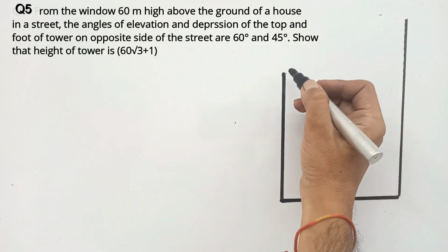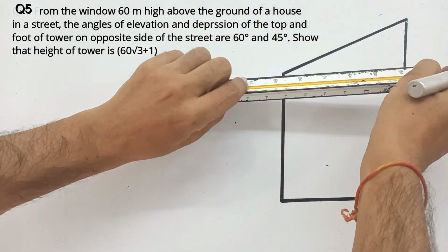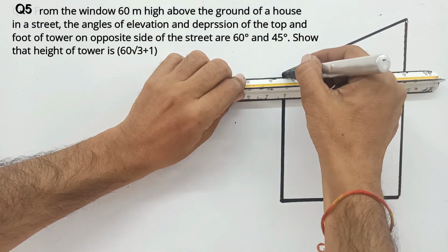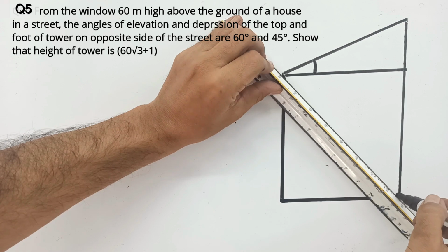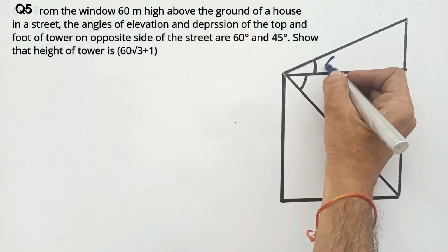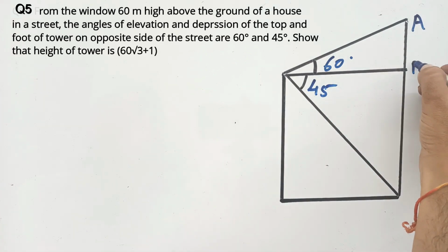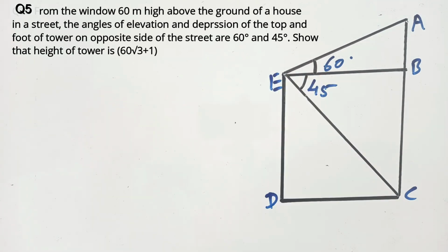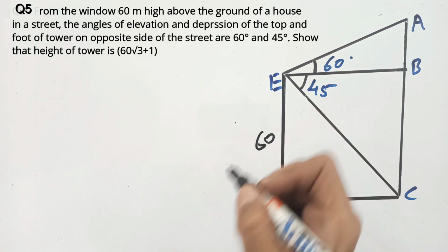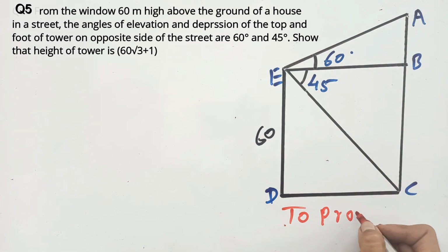From the window of the house, the angle of elevation of the top of the tower is 60 degree, and the angle of depression to the bottom of the tower is 45 degree. Let us suppose the points are A, B, C and D, E, and the height of the house is given as 60 meter. We need to prove that the height of this tower AC is 60 times root 3 plus 1.